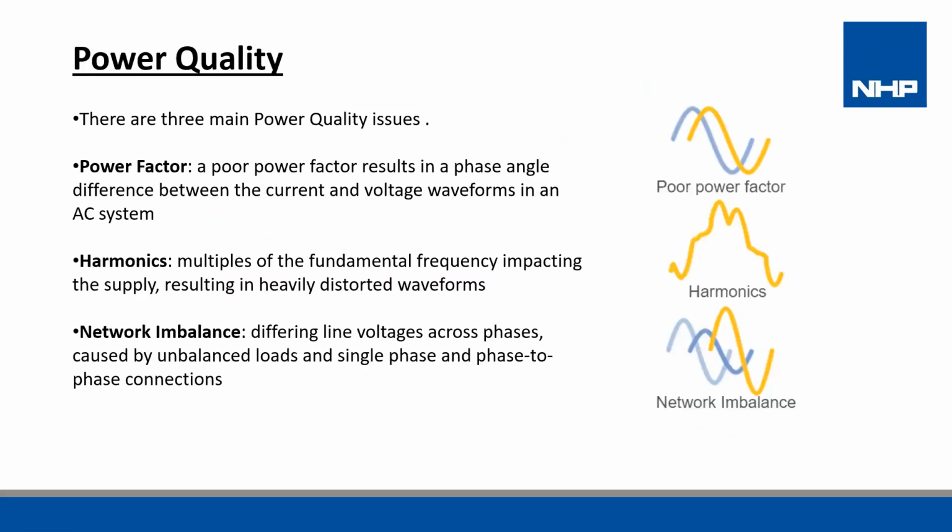There are commonly three main power quality issues. Power factor. A poor power factor is caused by phase angle difference between the current and voltage waveforms of an AC system. Then there is harmonics, which are multiples of the fundamental frequency of 50 Hz affecting the supply, which results in heavily distorted waveforms.